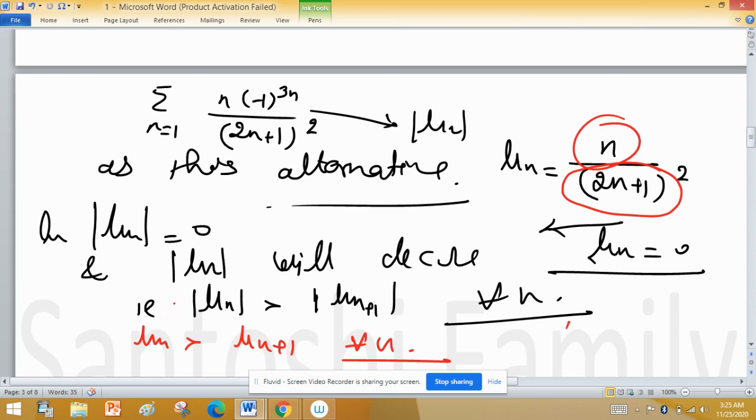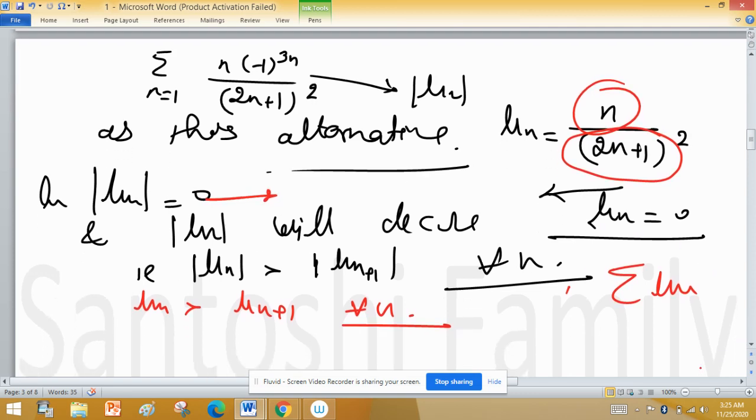Also, when the limit is equal to 0, we can positively say the power series might converge, but we can't say so assertively, because if the limit of any term of a sequence is 0, it doesn't mean that the series will converge.